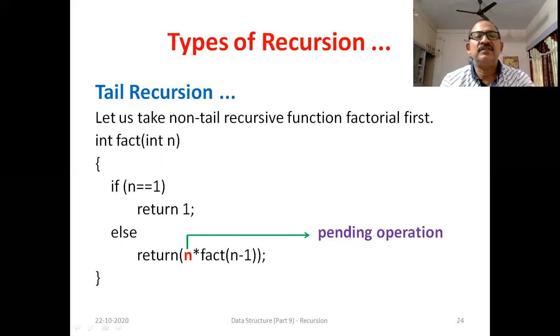Here you can see an example of a non-tail recursive function. When the function returns n into fact(n minus 1), the multiplication by n is a pending operation. When a function has a pending operation, it is called a non-tail recursive function.